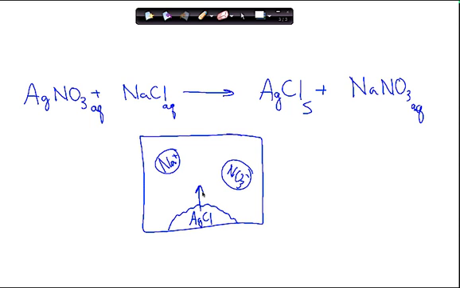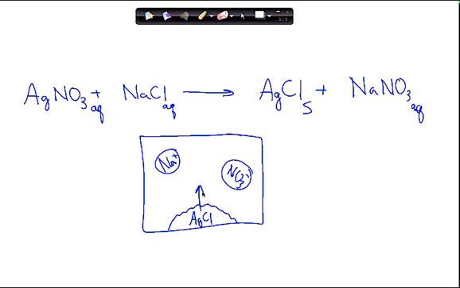Now understand, we're going to study this in a minute. Understand that so little of it does dissolve that functionally we treat it as if none of it dissolves. And that's functional for our understanding of chemistry. This doesn't change what you know about precipitation.